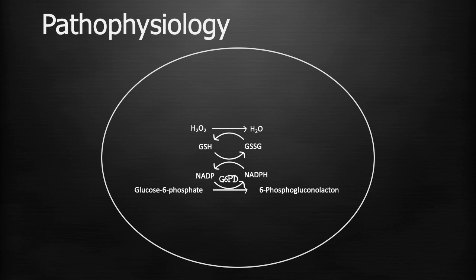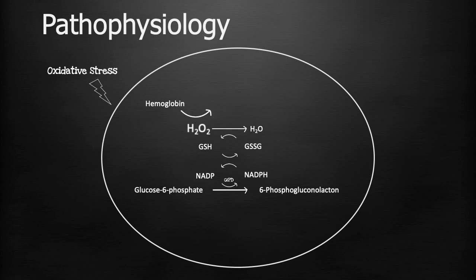However, in G6PD deficiency, when the red cell is challenged by an oxidative stress, for example, ingestion of mothballs, both lipids and red cell membrane proteins become oxidized, as there will not be enough reduced glutathione produced to convert the increased level of oxidants to water. And this will cause the hemoglobin to denature and precipitate intracellularly to become Heinz bodies.